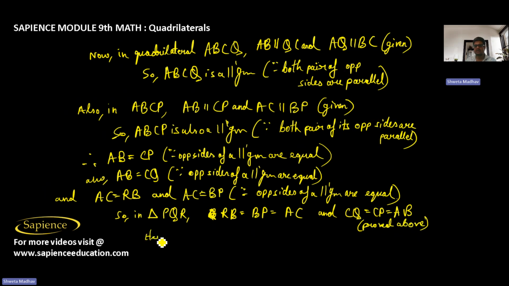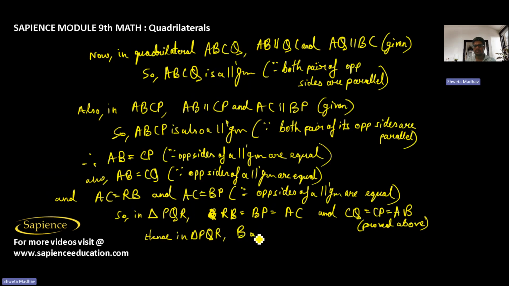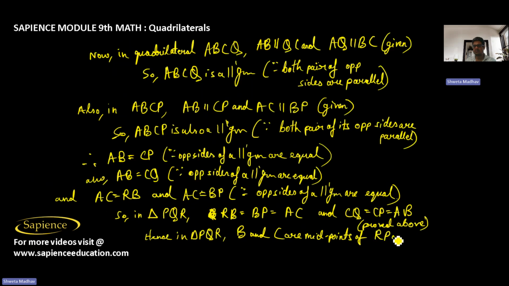So hence I can say that in triangle PQR, B and C are the midpoints of the sides RP and QP respectively.